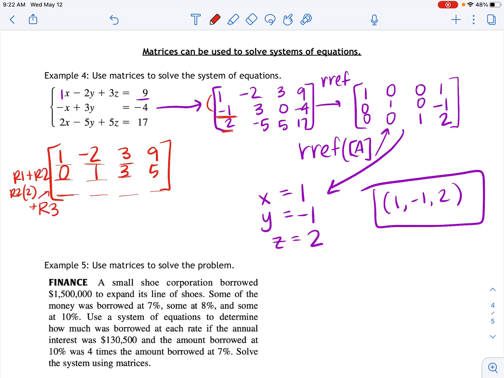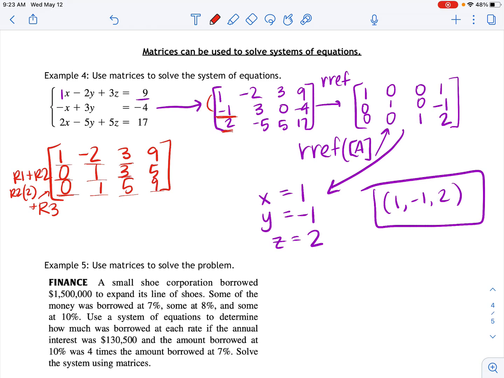And that's going to go right here. So row 2 times 2 and then add it to row 3. So negative 1 times 2 is negative 2, plus 2 is 0. 2 times 3 is 6, plus negative 5 is 1. And then that'd be 5, negative 8, so that'd be 9.